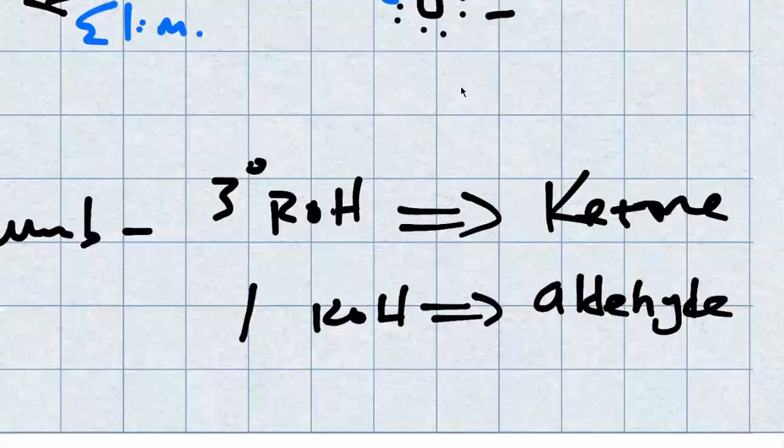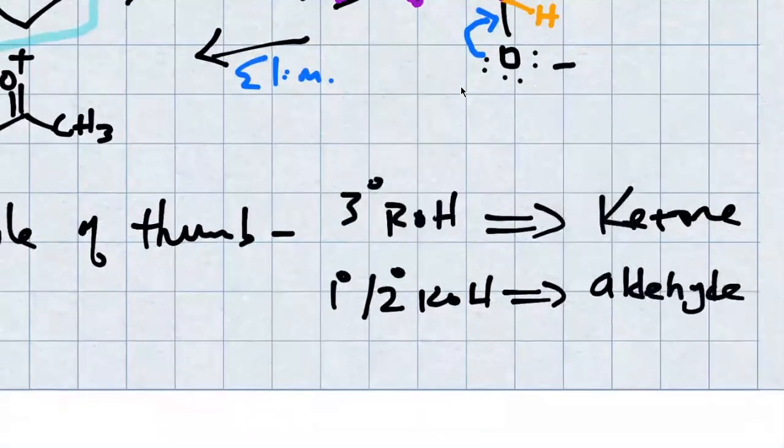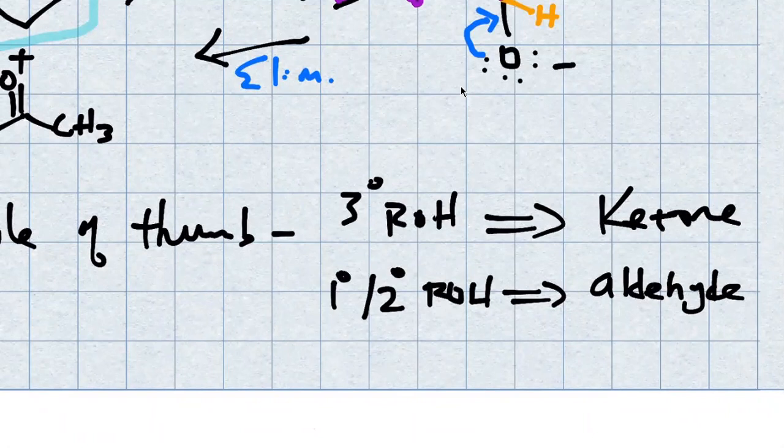That's a great observation. You got a primary or secondary alcohol, then you started with an aldehyde. You got a tertiary alcohol as your product of the addition reaction, and that means you started with a ketone.